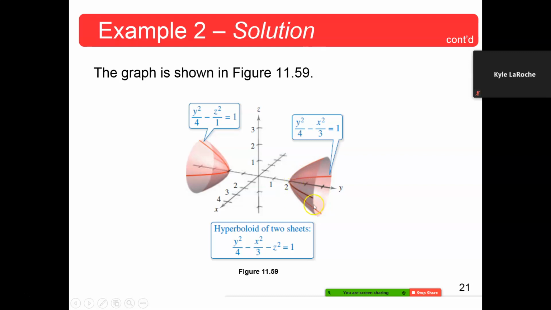And then you have your hyperbola in the xy plane here, and your hyperbola in the yz plane here and here. Okay, so that gives you your hyperboloid of two sheets.